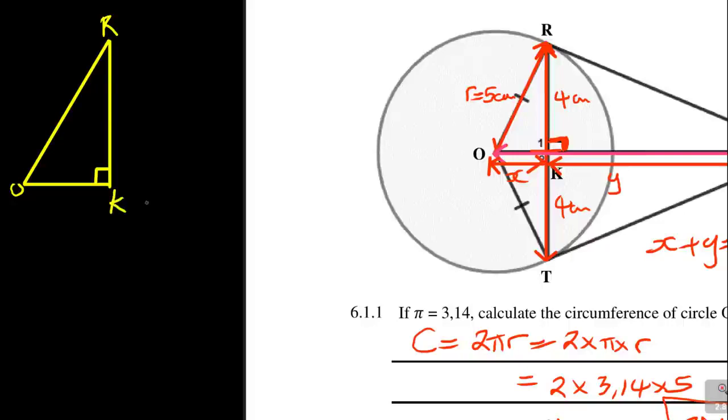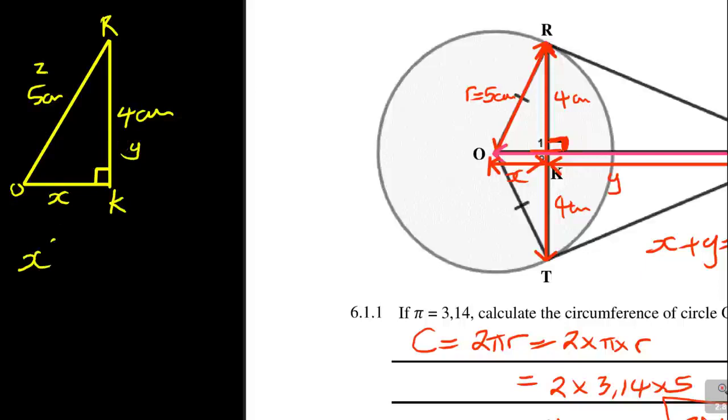Do you see that? They were actually testing the theorem of Pythagoras. This is 4 centimeters. This is 5 centimeters. Now we want to find OK, which is your X. Do you see what they are saying here? So you know with the Pythagoras, if this was X, Y, Z, this becomes your Y, this becomes your Z. What is the theorem of Pythagoras?